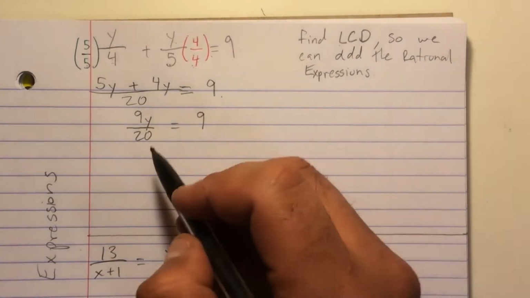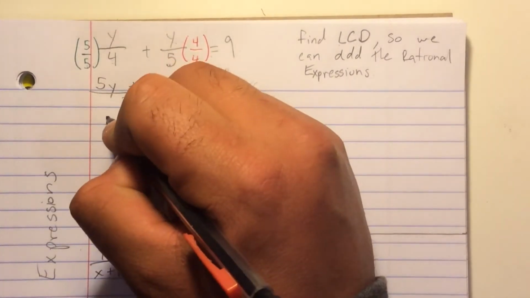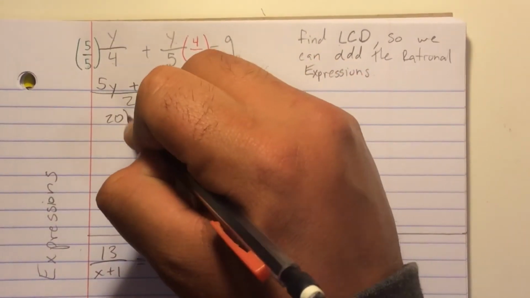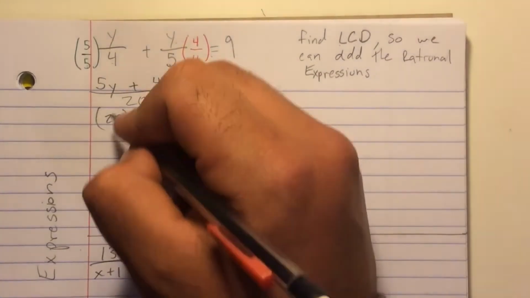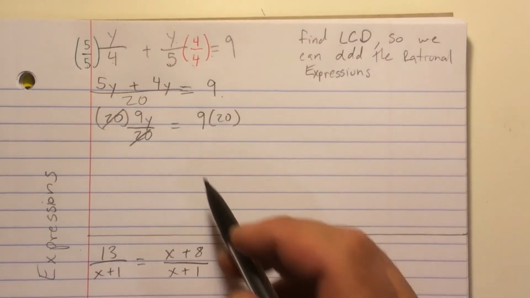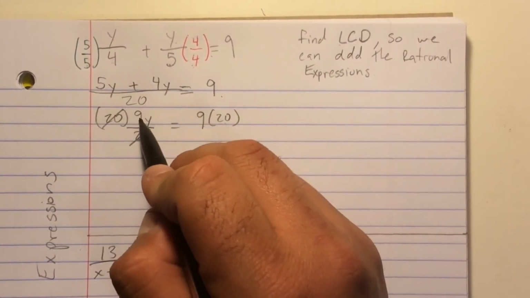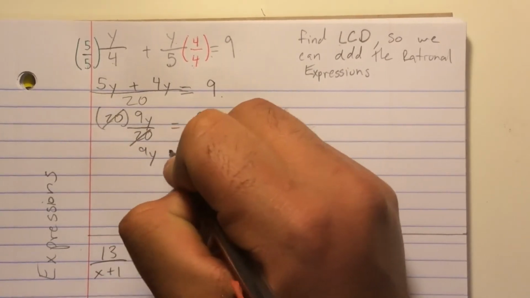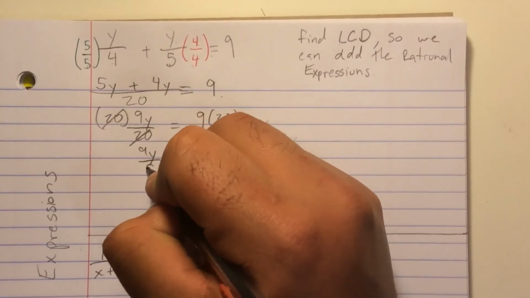So what we have to do now is just solve for y. The first thing I do is multiply both sides by 20. These will reduce here. And normally I would distribute this, 9 times 20, make it 180. But since I see here we're going to have a 9y left over equal to a 9 times a 20, I know that I'm going to have to divide by 9 here.